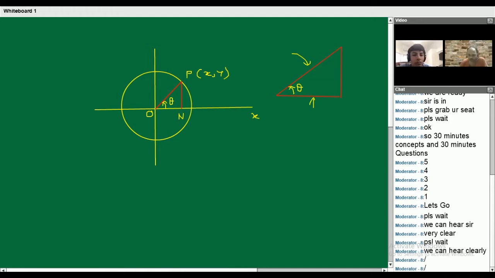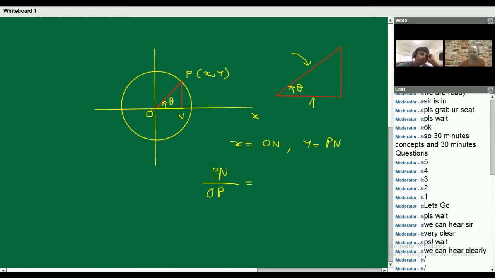So if we want to write x, as per the diagram it is ON, because the x coordinate is this. And from this diagram, which line segment represents y? PN. Great.